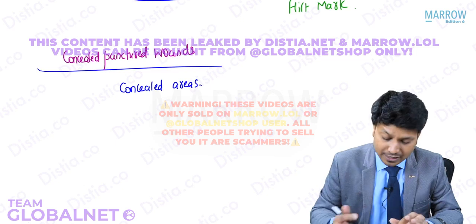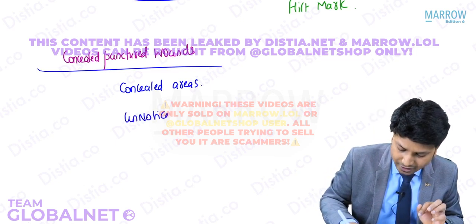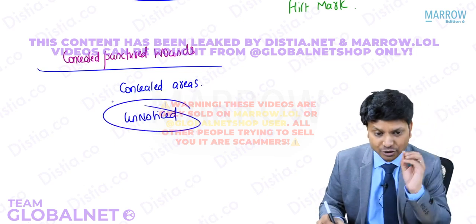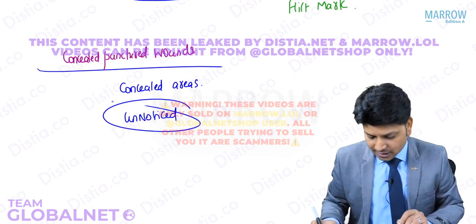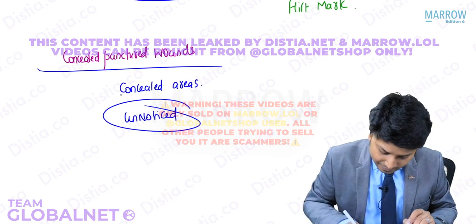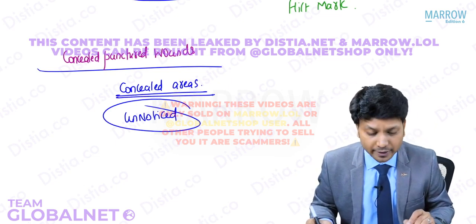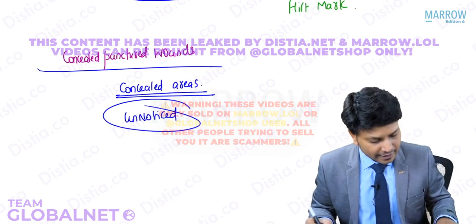The point is, most of the time it may get unnoticed. That is the point you need to remember. It may get unnoticed if you are not actually looking for it. You may miss this. We need to look for it, otherwise it may get unnoticed.